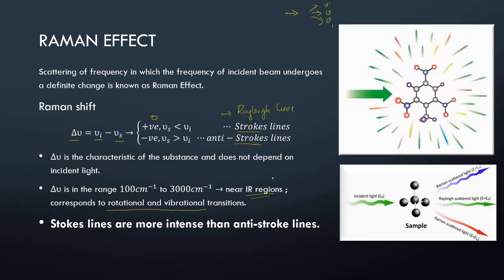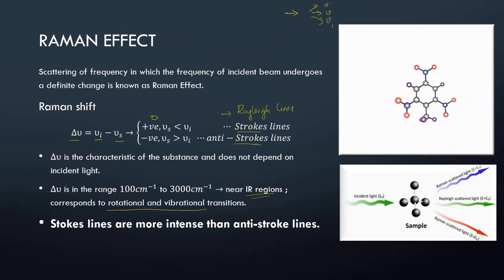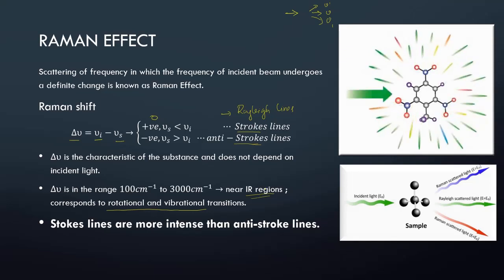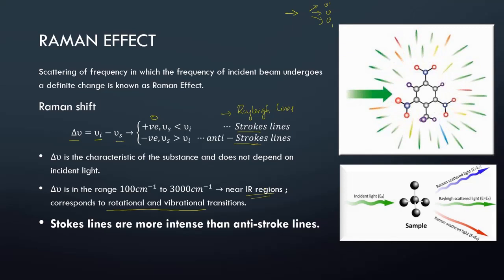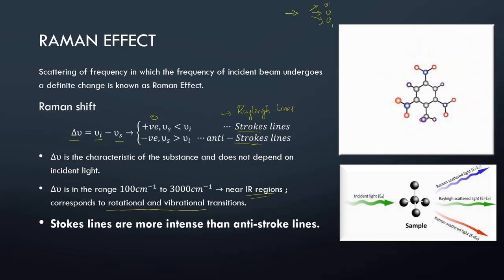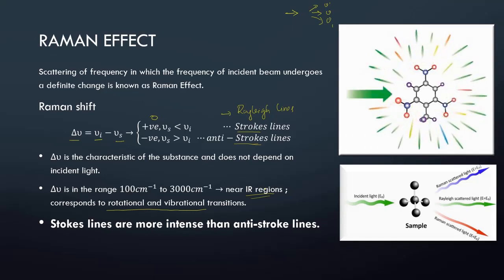Since it is in the lower IR regions, the energy is much less. So we can assume that this effect is due to the rotational or vibrational characteristic of the substance in which these are interacting.